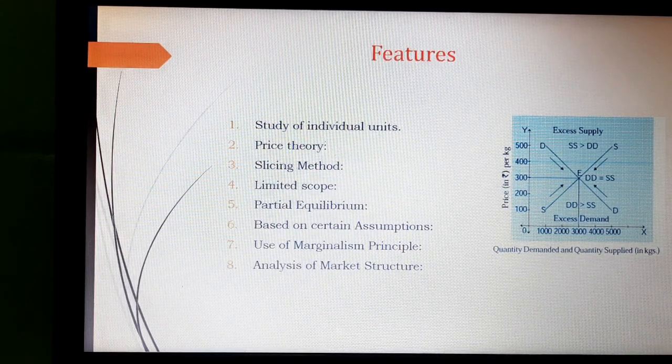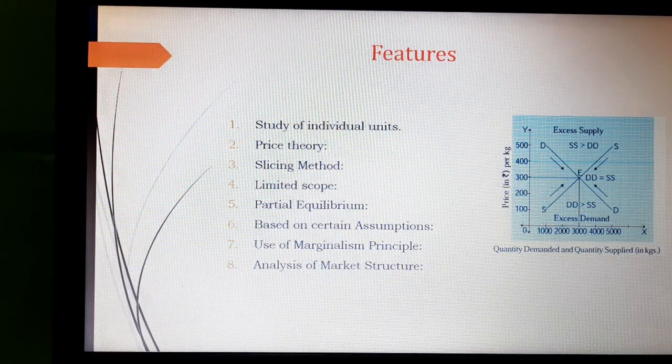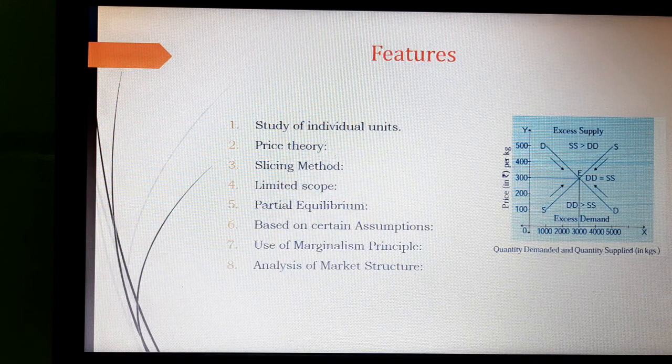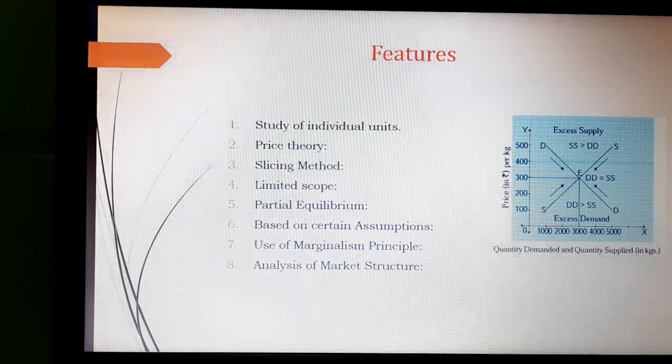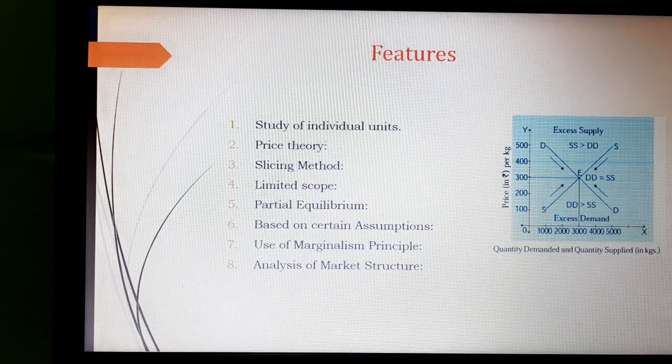This particular principle is very important in microeconomics. Why? Because it gives an idea to the individual consumer of how many extra units of a particular commodity he should purchase. It gives knowledge to the producer of how many extra units of products should be produced by him. All these things come under microeconomics. The same principle will be studied in the second chapter, so we will discuss it there in a more detailed manner.